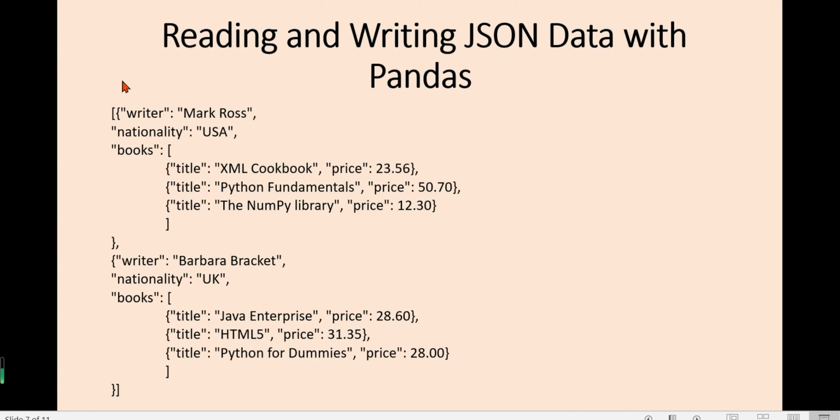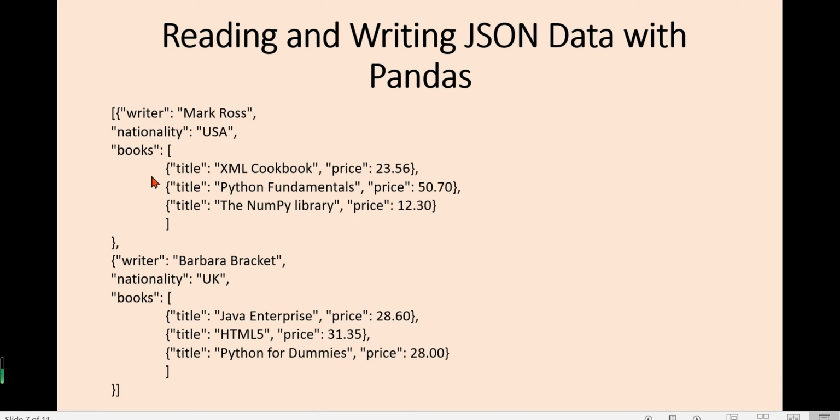So this is the books.json file. We'll see inside the brackets there are two objects within braces. For each object, the first-level keys are called writer, nationality, and books. For writer and nationality the value is a simple value, and for books, the value is another JSON array.